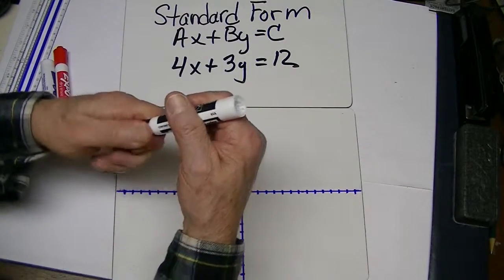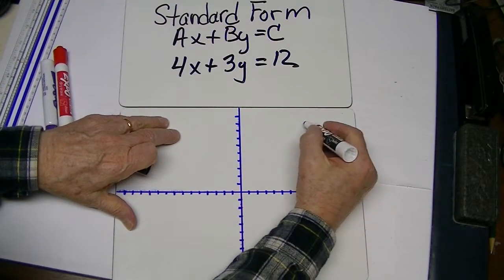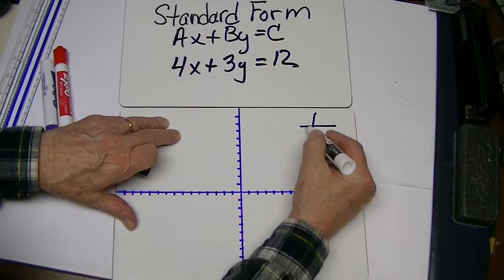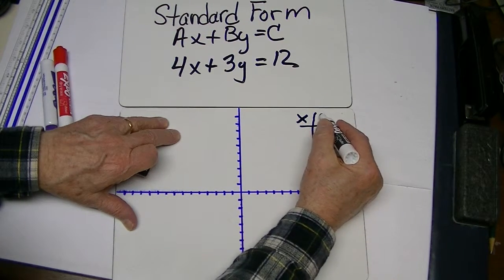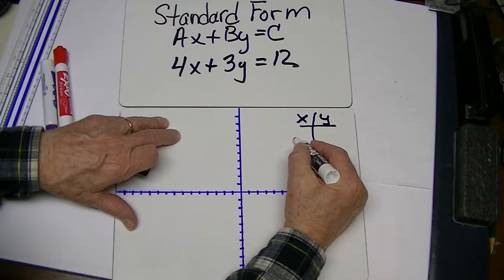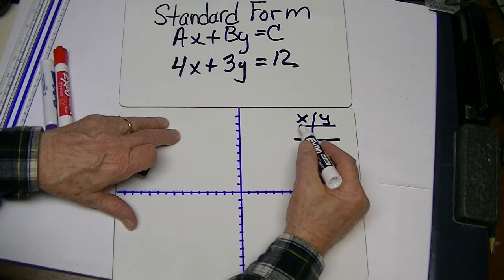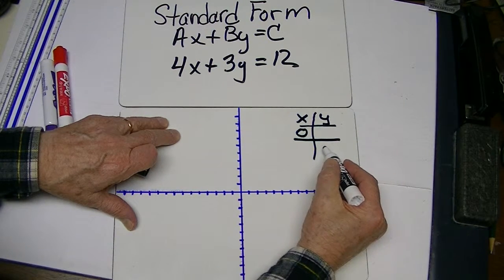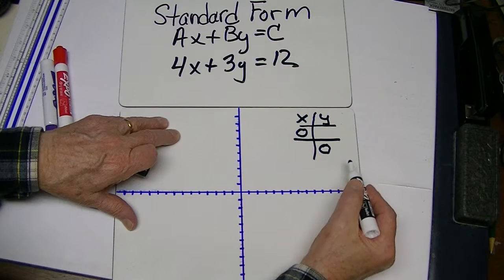So we're going to suggest when you do plot this, you make what is called an x and y intercept t-chart. And this is done by putting a 0 here for the x and a 0 there for the y.